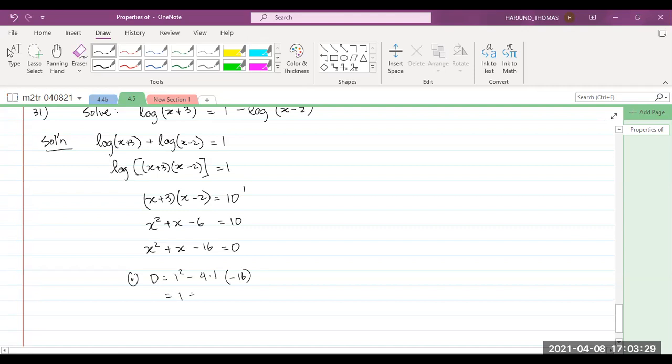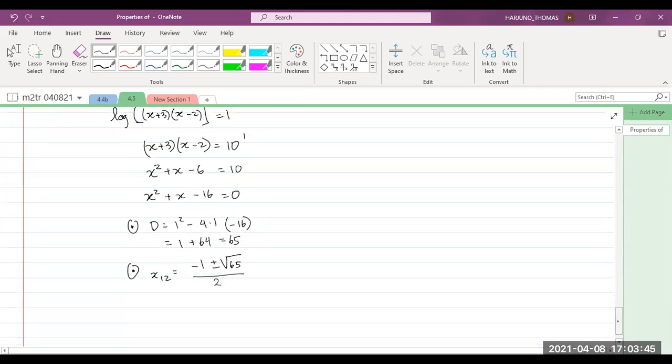That's 1 plus 64, that's 65. So the x's are negative b plus or minus the square root of 65 over 2a. So x1 is negative 1 plus square root of 65 over 2, and x2 is negative 1 minus square root of 65 over 2.